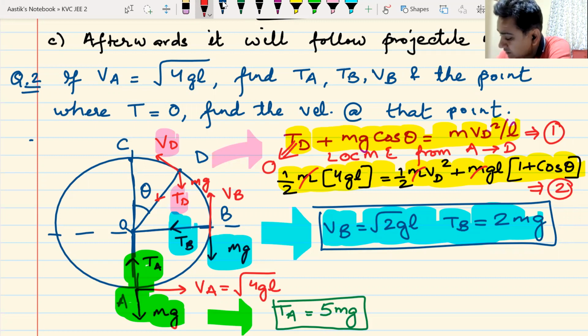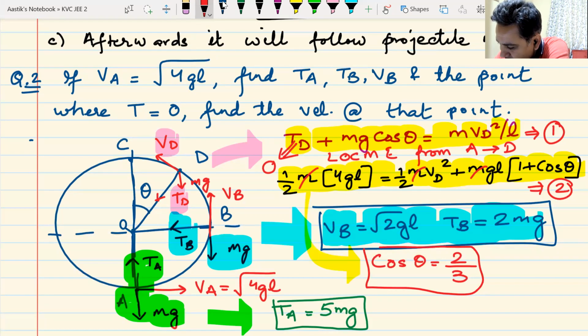Well, I will not waste any more time and I will just give you the answer. What is the answer for this? Cos theta will be coming as 2 by 3.